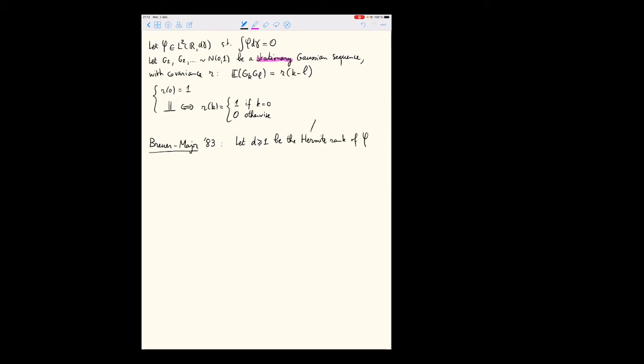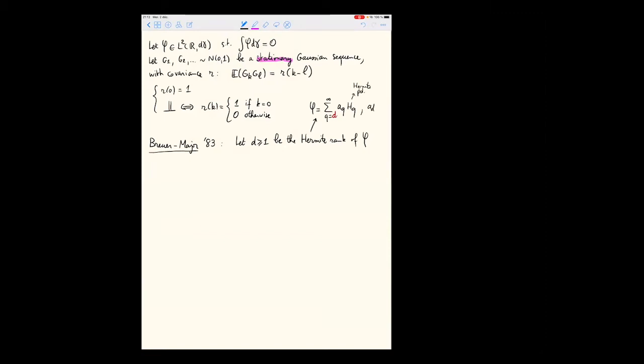Because phi is square integrable with respect to the standard Gaussian density, you can expand it in terms of Hermite polynomials. And the first non-zero coefficient in this expansion is called the Hermite rank of phi. So I know that my phi can be written as the sum of a_q H_q, where the H_q are Hermite polynomials and the a_q are coefficients.